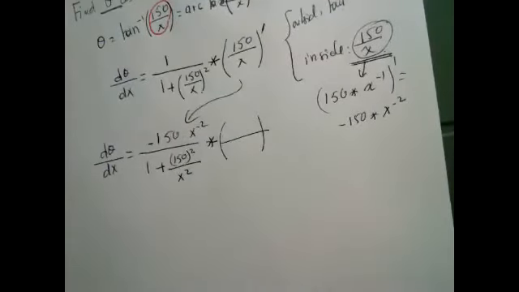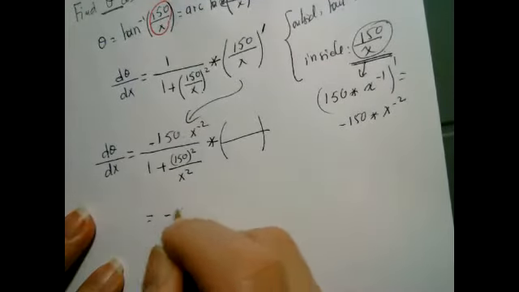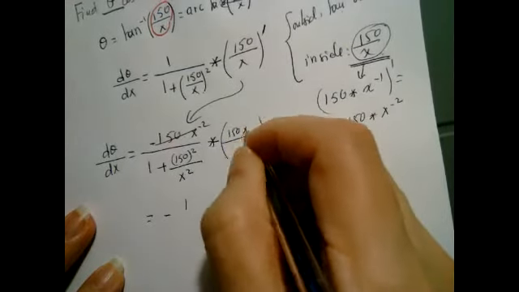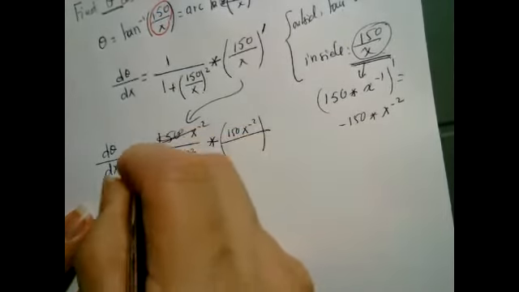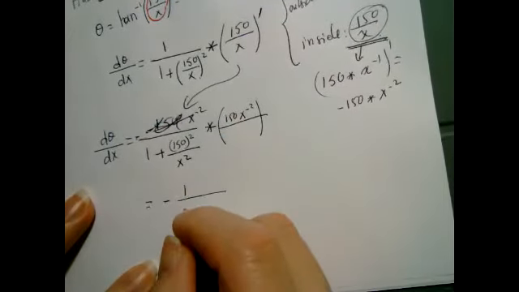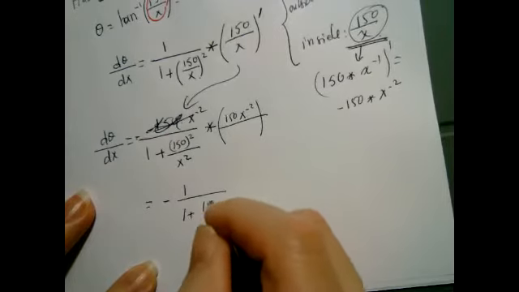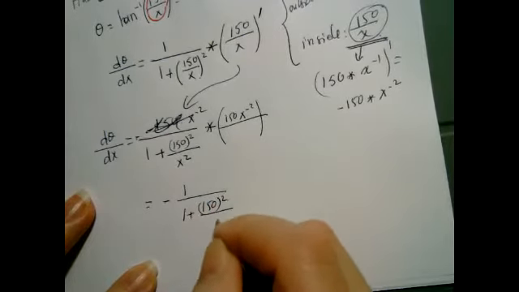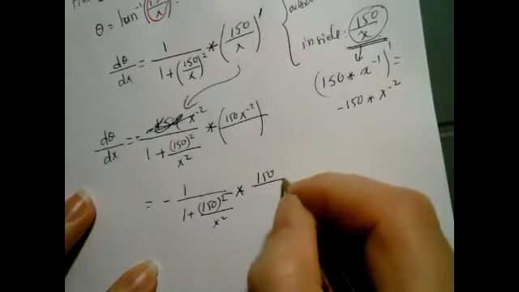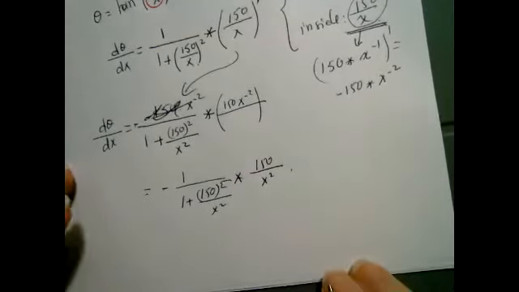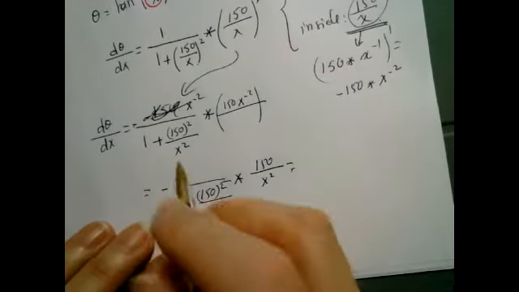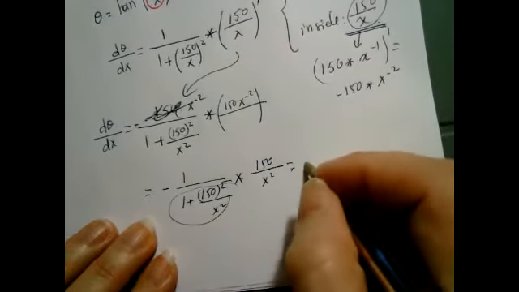All right, so another way to write this, I will write it here because that's better. So that's going to give me minus 1 over 1 plus 150 squared over x squared, times 150 over x squared. And we do the algebra a little bit. I find a common denominator down here.